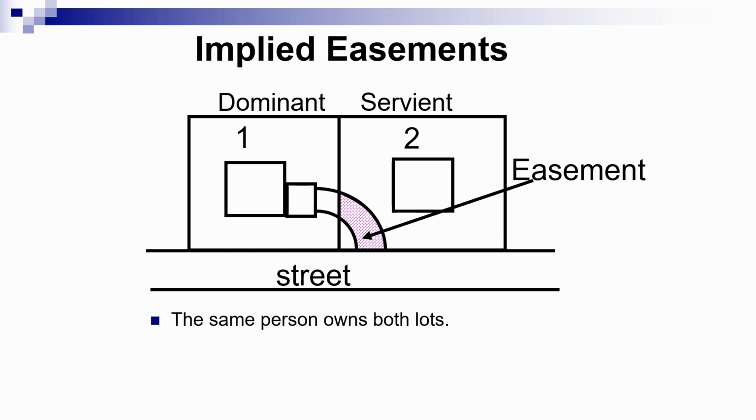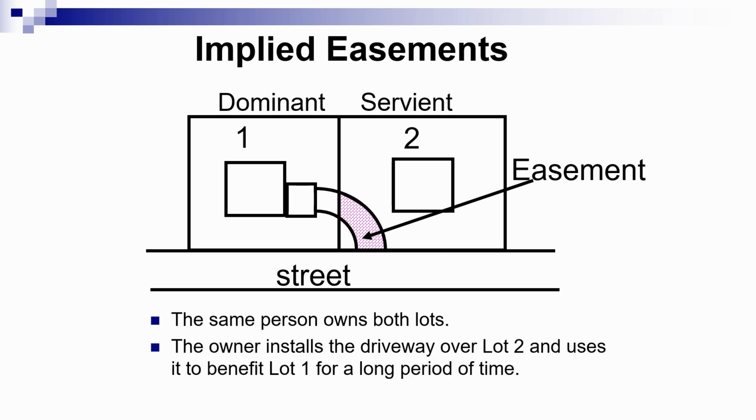We'll just call them the owner. And while they own the lots, they put in the garage, the driveway and they begin using the driveway. Now at this point, of course, it's not an easement because the same person owns both the dominant and the servient land, and you can't have an easement on your own land.